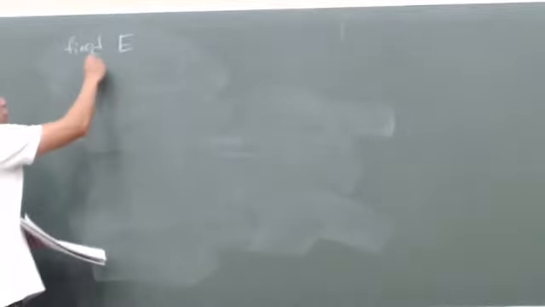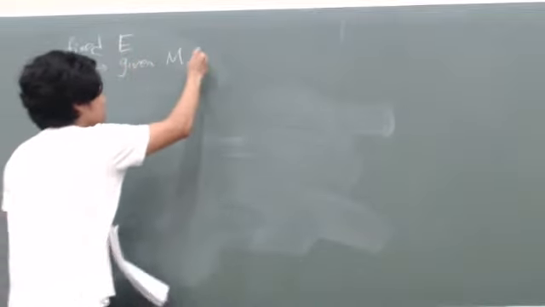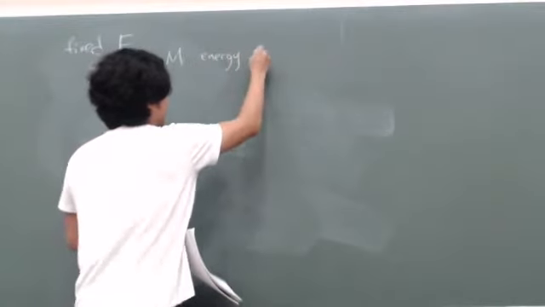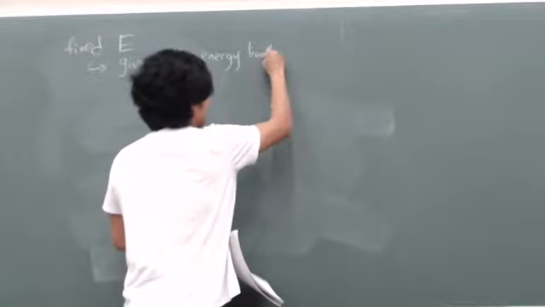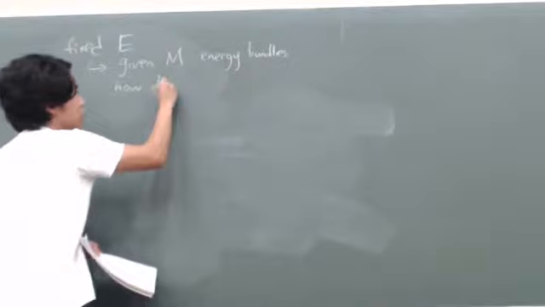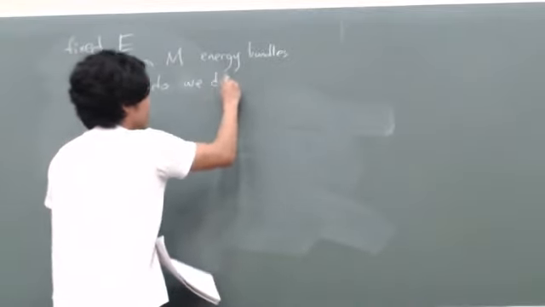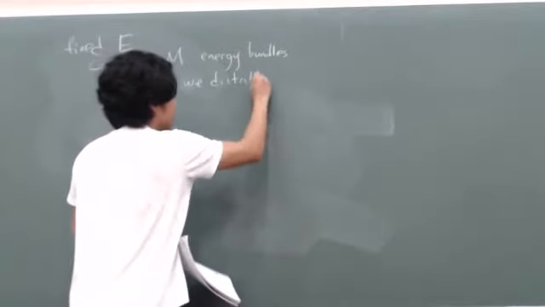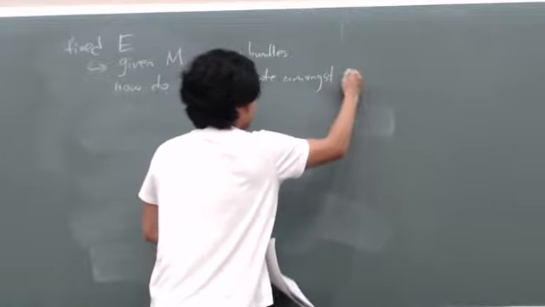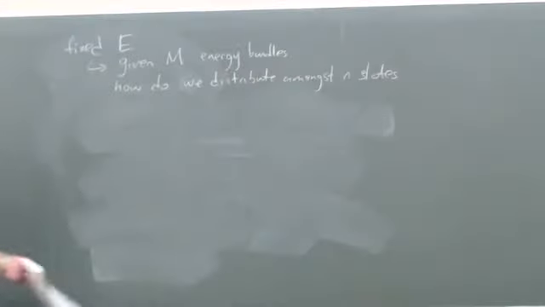Or in other words, let's rephrase this now as: given M amounts of non-ground state energy, given M energy bundles or parcels, how do we distribute it amongst N states? So this is a new question.